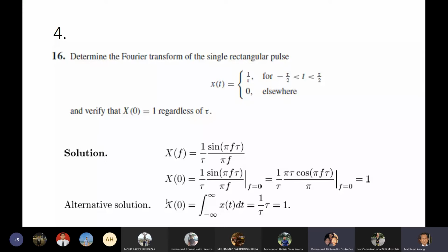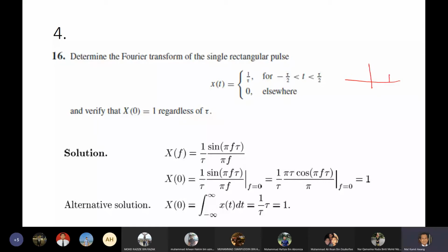Now, question number 4: determine the Fourier transform of a single rectangular pulse and verify that X(0) is equal to 1 regardless of tau. So this is actually this.